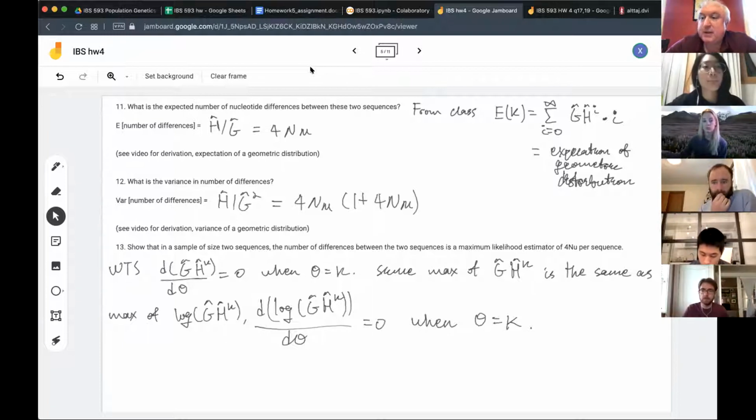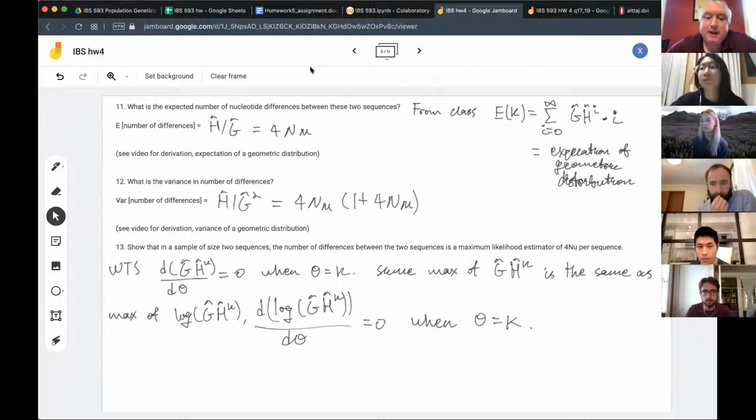In fact, the mode of the distribution, the highest point, is 0. So the most likely outcome is you see 0 differences between your two sequences, even when the expectation is quite large numbers. And that is true for any neutral model that has no recombination in it.